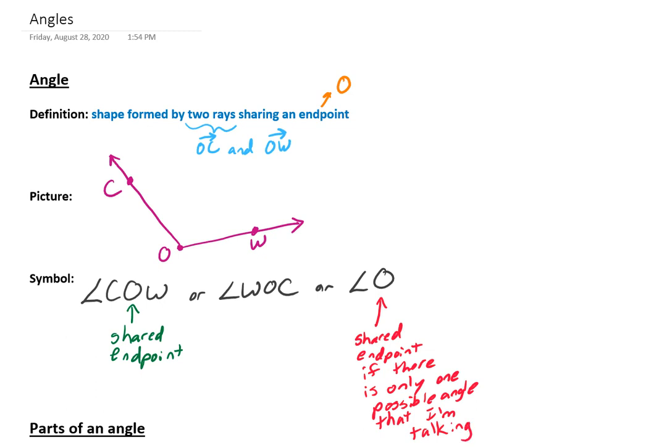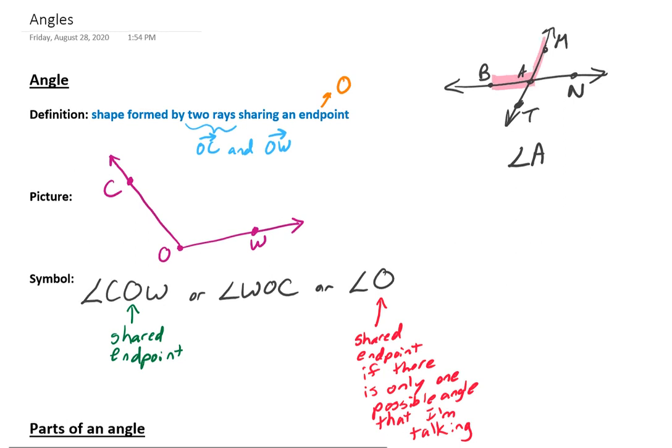To kind of illustrate what I mean with this, because that's confusing, is here. If I had this picture, if I say angle A, which angle A do I mean? Do I mean this angle A? Do I mean this angle A?